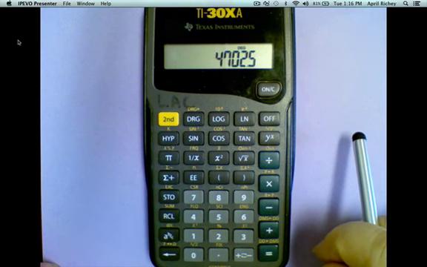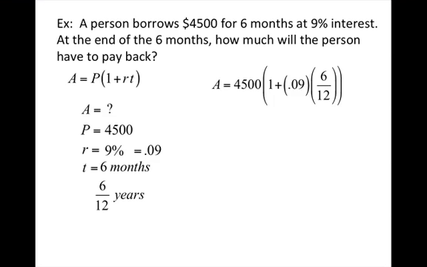And this gives me 4,702.5. So as we showed on our calculator, we entered 1 plus 0.09 times 6/12, and that gave us 1.045. When we multiplied the 1.045 that was in our calculator by 4,500, this gave us 4,702.5.